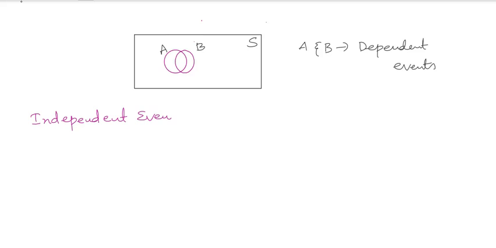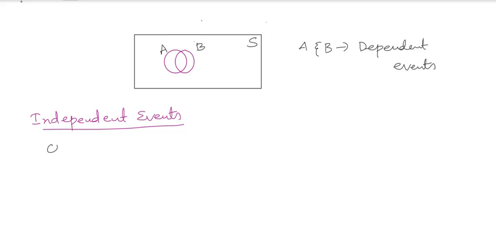Independent events. Earlier, in dependent events, the occurrence of one event depends upon the occurrence of the other event in the same sample space. Now here I'm taking the independent events. Independent event means occurrence of one event does not depend upon the occurrence of the other event in the different sample space.